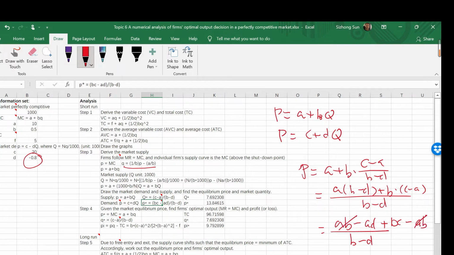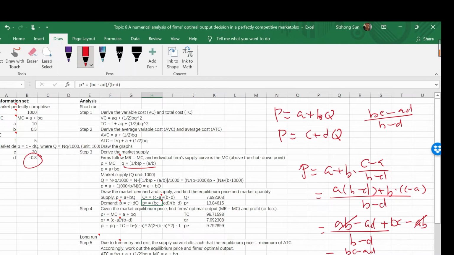AB cancel out here. These two terms cancel out. So it's equal to BC minus AD divided by B minus D. That's the equilibrium price here.